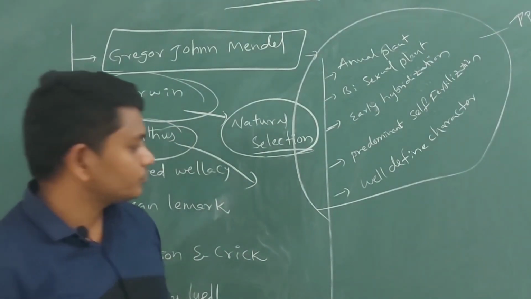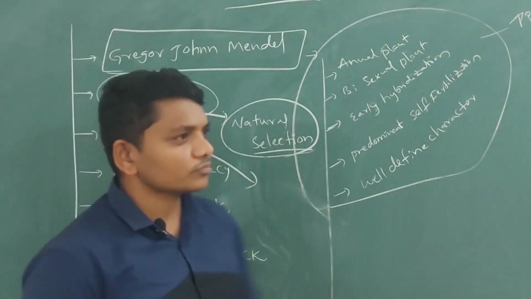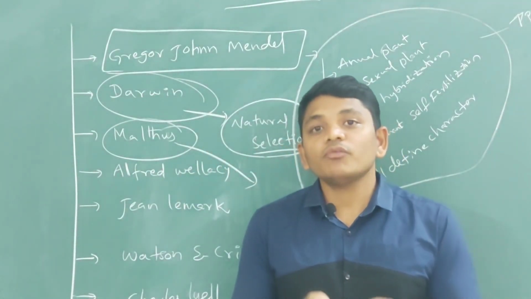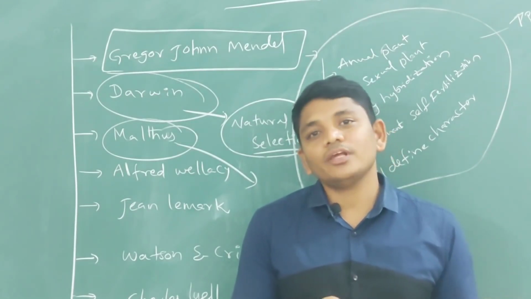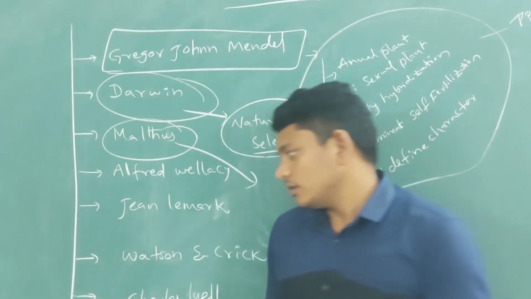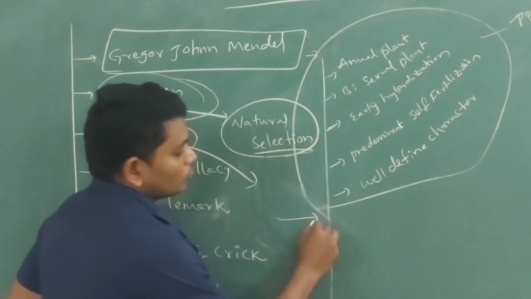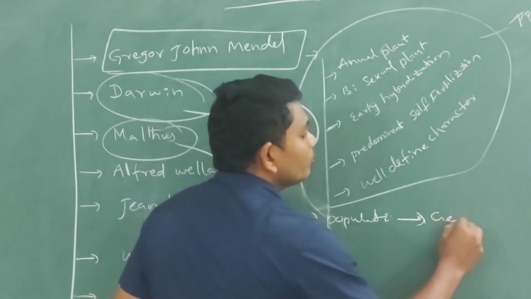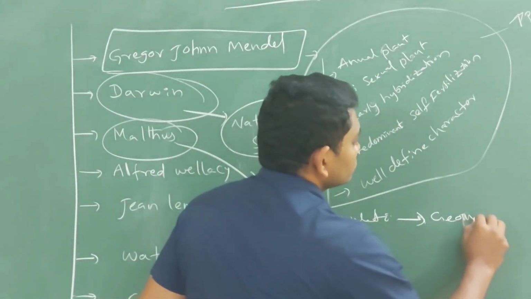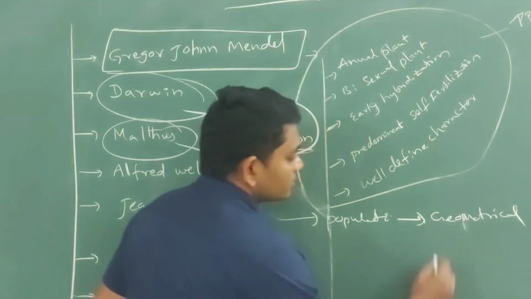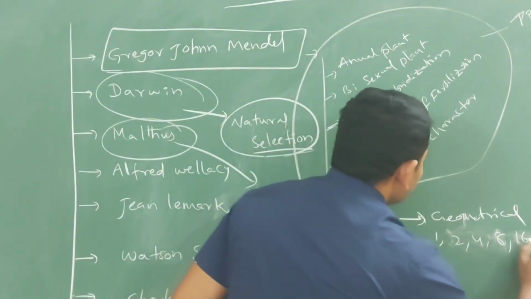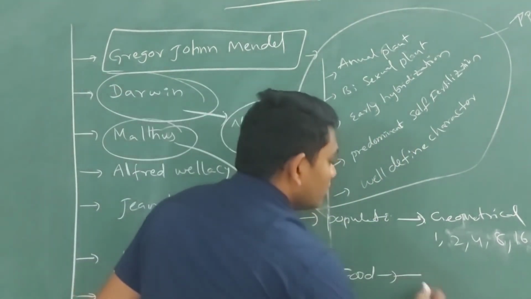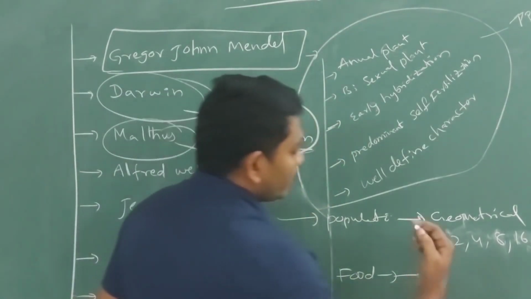Malthus said a theory. The theory is nothing but the population shows geometrical progression and the food sources show arithmetical progression. Once again, the population shows geometrical progression: 1, 2, 4, 8, 16, 32 like this, and food sources show arithmetical progression.